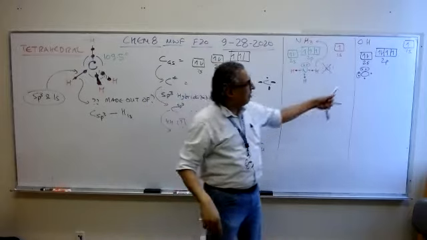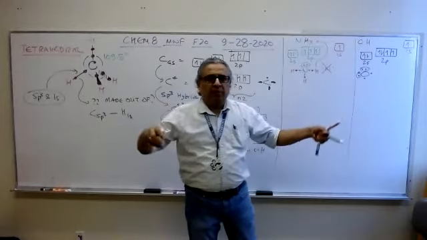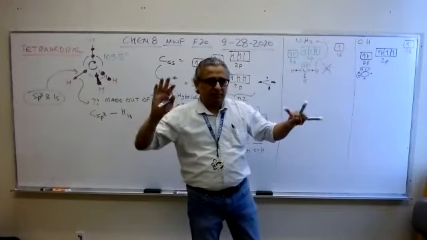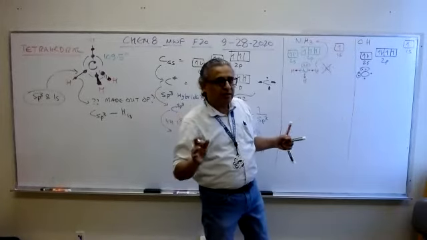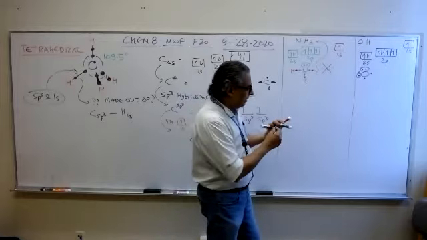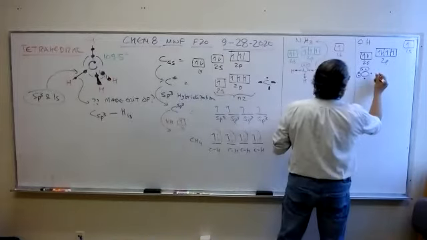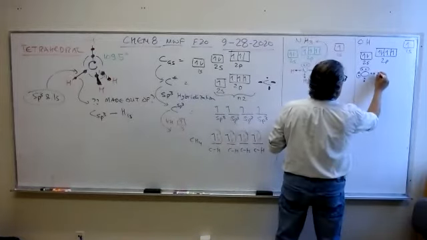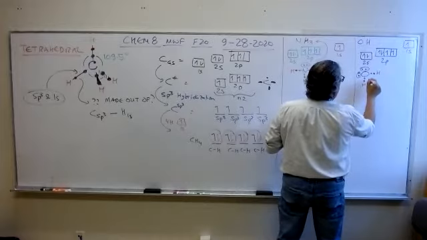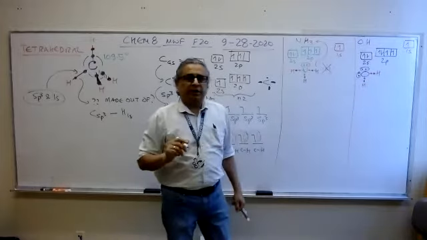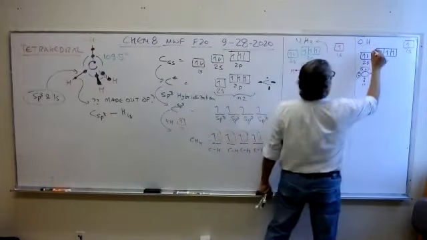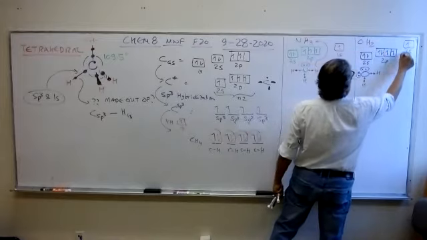Like if this is an octopus, it can only pick up 2 crabs. Okay, I don't think it happens in real life, but you get the point, hopefully. So this is the formula of the smallest molecule made from oxygen and hydrogen. So it's going to be OH2.